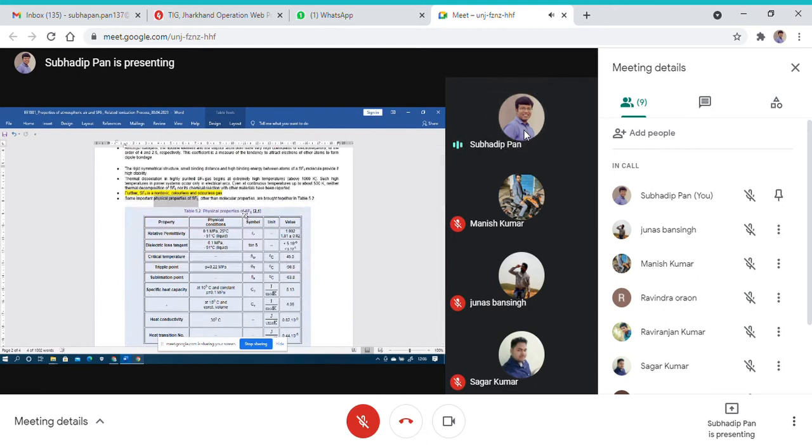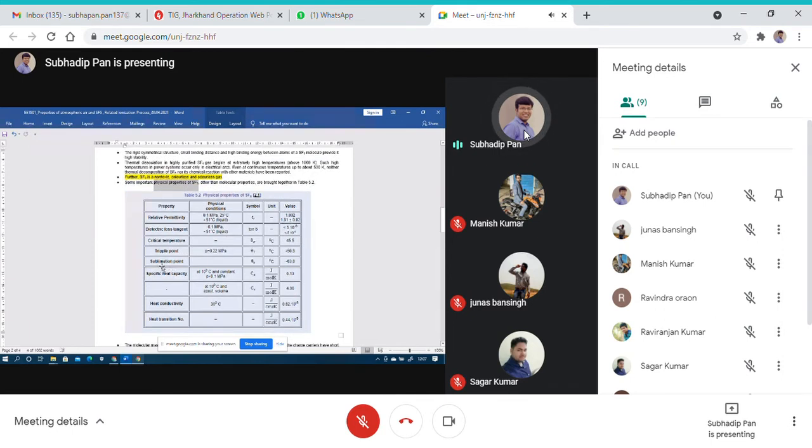For describing the properties of SF6 gas, the properties are the relative permittivity, the dielectric loss tangent, critical temperature, the triple point, sublimation point, specific heat capacity, heat conductivity, and the heat transition number.